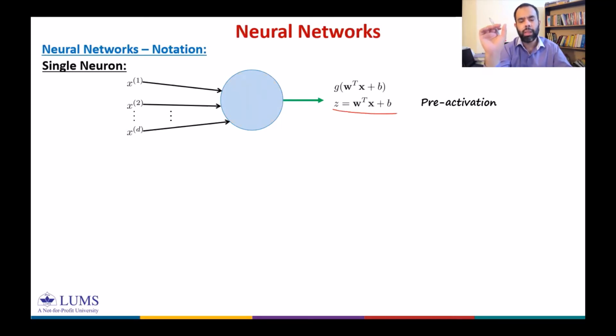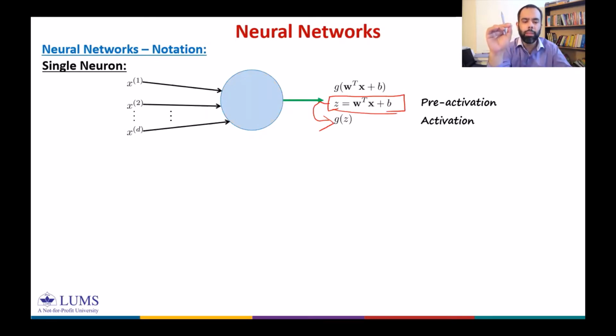We pass this pre-activation output through an activation function G to obtain the final output of the neuron. From now onwards, I will use Z to denote the pre-activation output of a neuron.